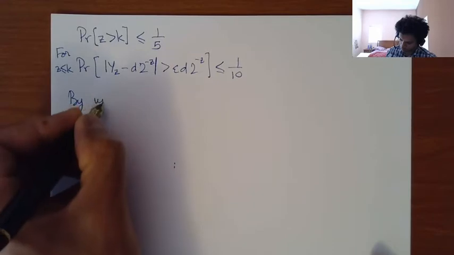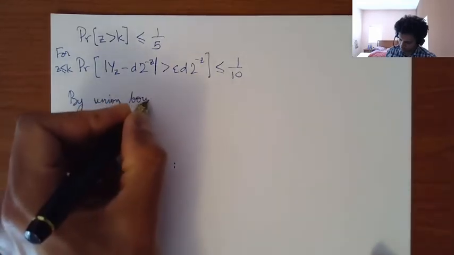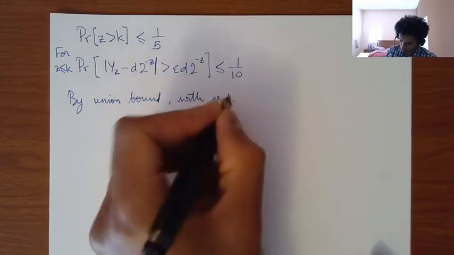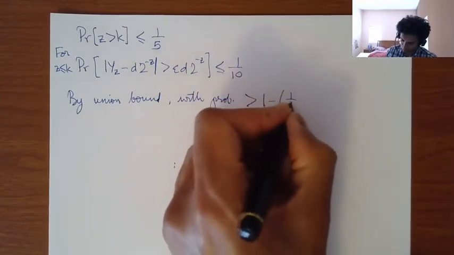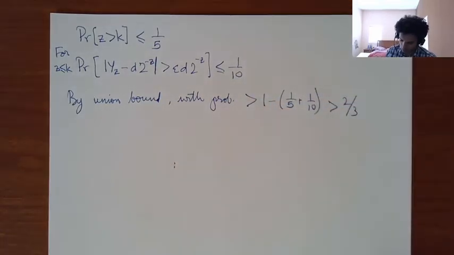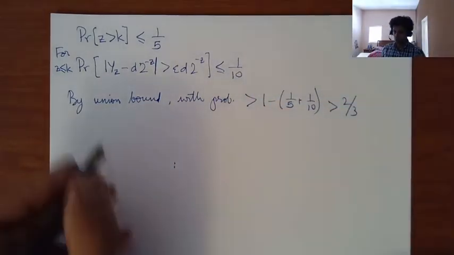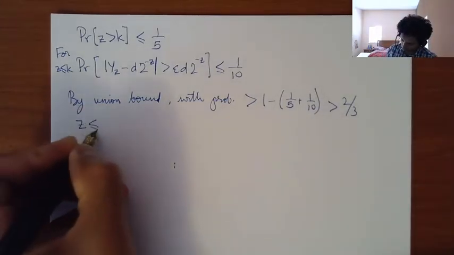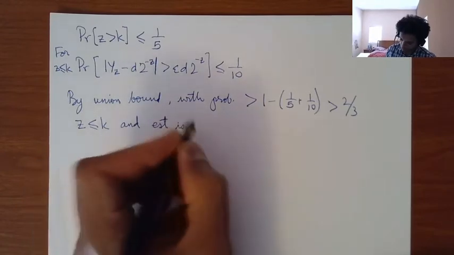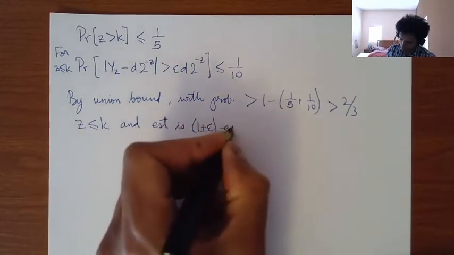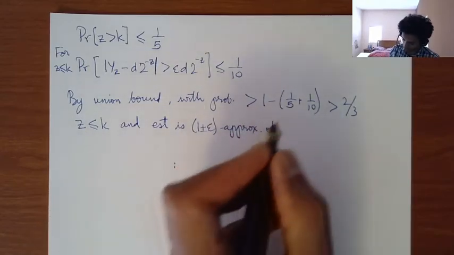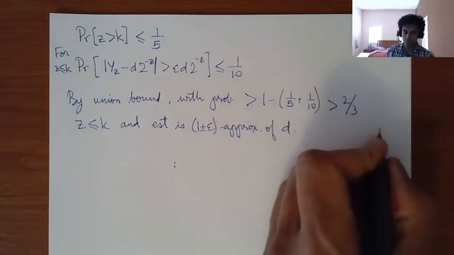So by the union bound, with probability at least 1 minus 1/5 plus 1/10, so this is at least 2/3, z is less than k, and the estimate is a 1 plus epsilon approximation of d. And that ends the proof.